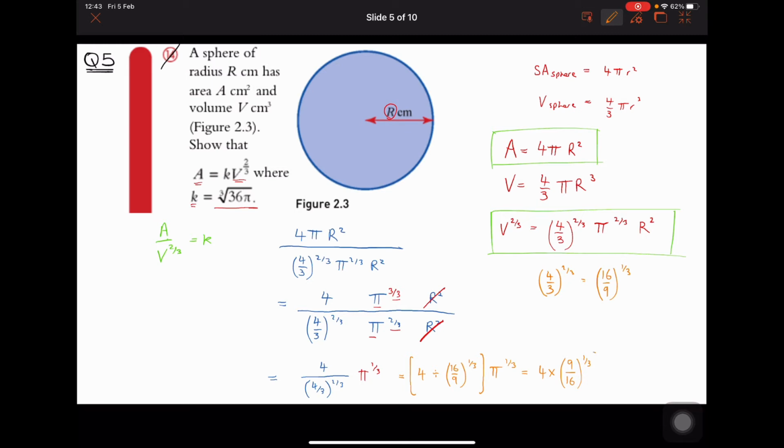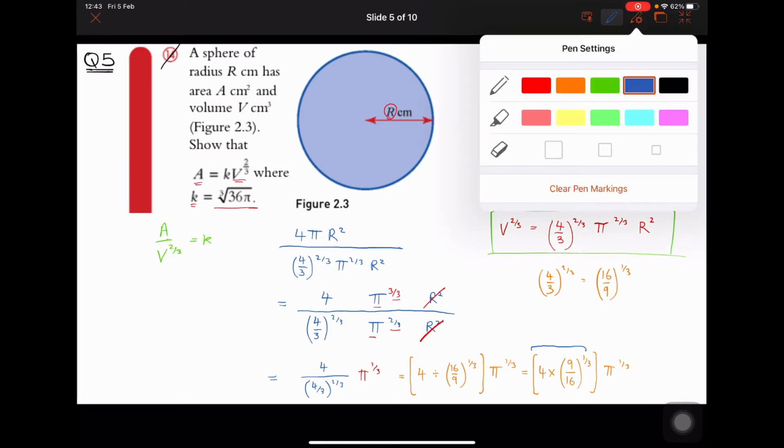Now I really want to simplify this expression, and so I want to change how I'm writing the 4. I want to change the form it's in.